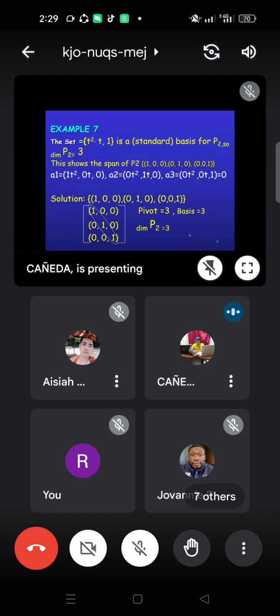To show this is the standard basis of P2, of course, we can see here 1 0 0, then 0 1 0, then 0 0 1.